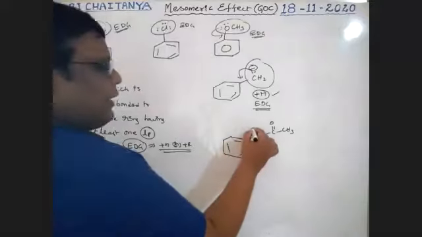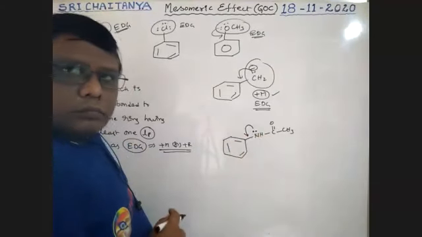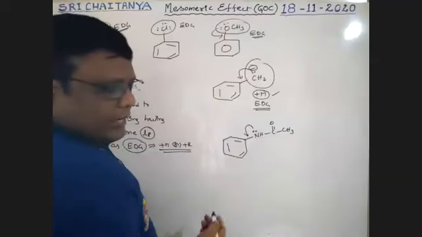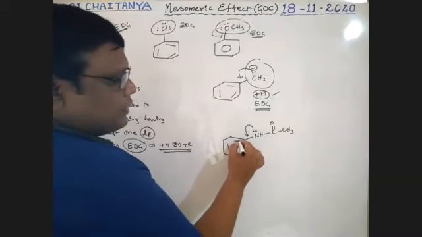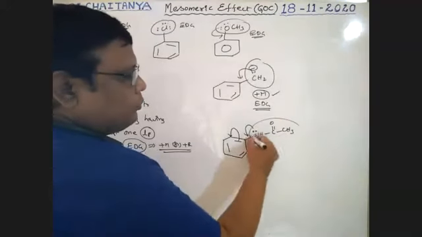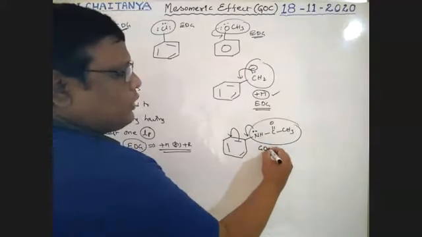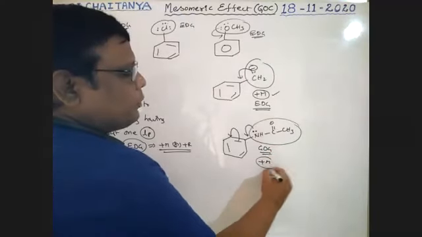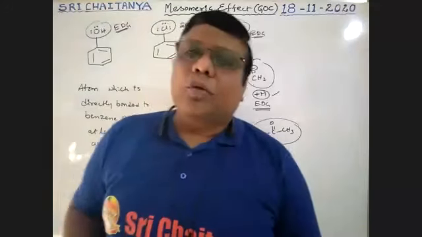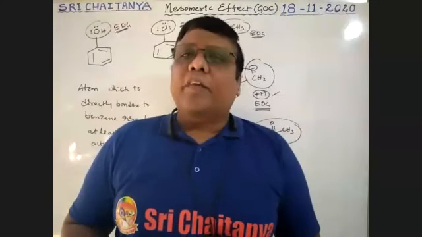So this lone pair may be involved like this, and this pi bond is migrated here. So this is also a group which is an electron donating group. That is a plus M group. So is there any doubt to identify plus M group?